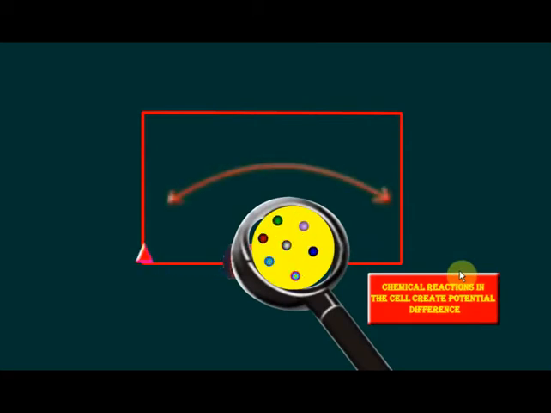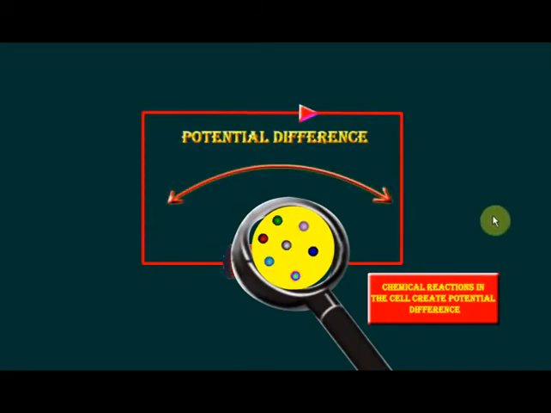If you magnify what is happening inside the battery, some chemical reactions are taking place in the battery. These chemical reactions create a potential difference across the two ends of the battery. Therefore, electric current flows from one end of the battery to the other end of the battery. Understood? Therefore, because of potential difference, electric current flows.